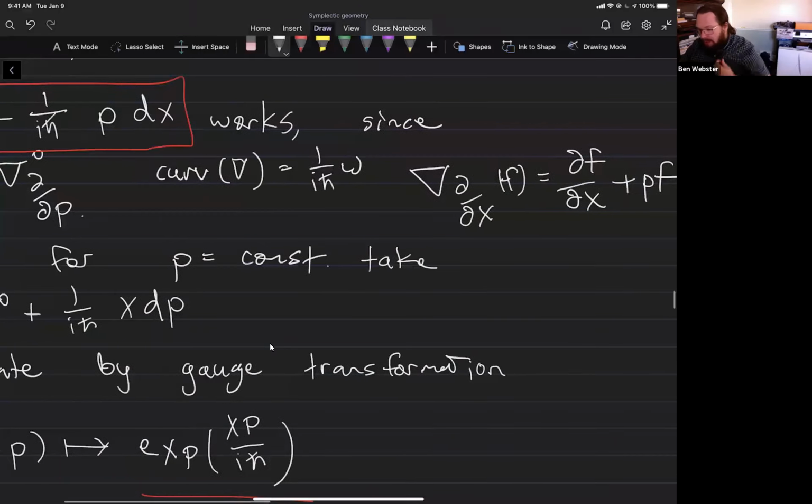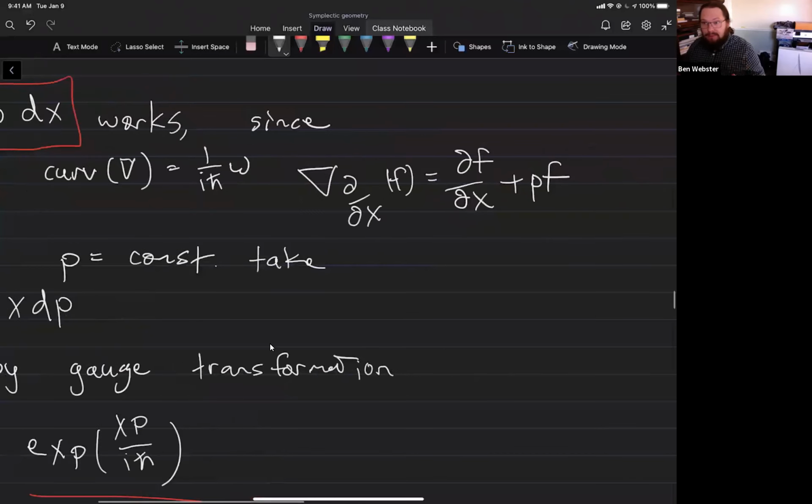Well, no. I mean, it works perfectly fine, but the covariantly constant directions along the foliation for P constant are not functions that are independent of P. They're functions that have an exponential dependence on P. If you follow through what this differential equation tells you, this is exactly telling you that with respect to P, it varies like e to the minus IP.